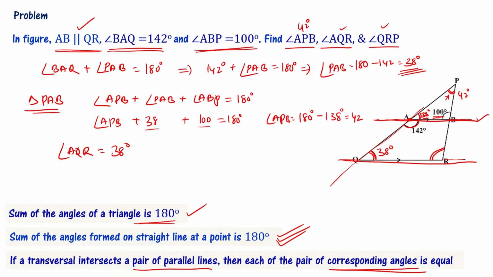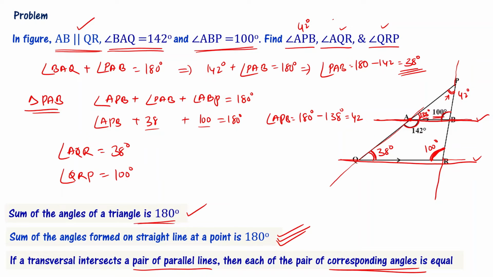Similarly, since these two parallel lines are there, I can say that this is my transversal. The line goes from P to R, right? If we take this line as the transversal, then this 100 degrees is equal to this R. It means angle QRP is 100 degrees.